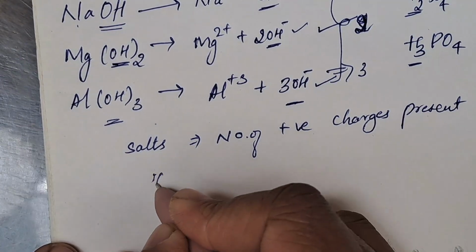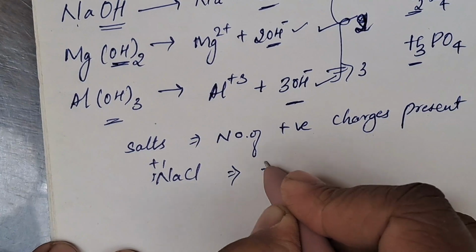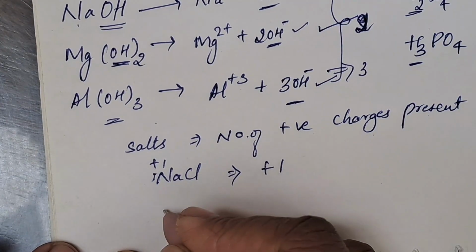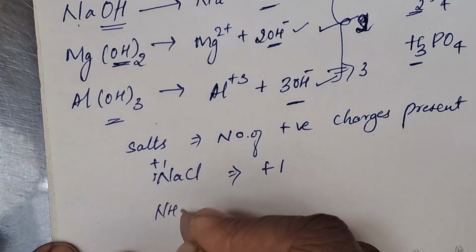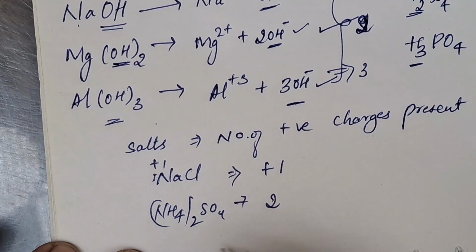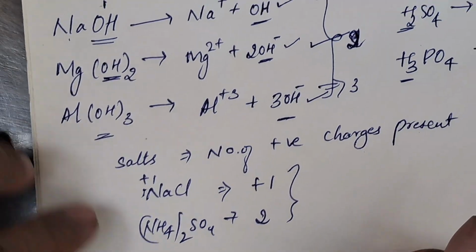In case of NaCl, the number of positive charges will be 1. In case of ammonium sulfate, it will be 2. So like this, it changes for the salt.